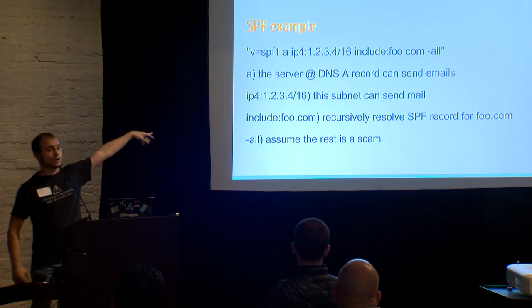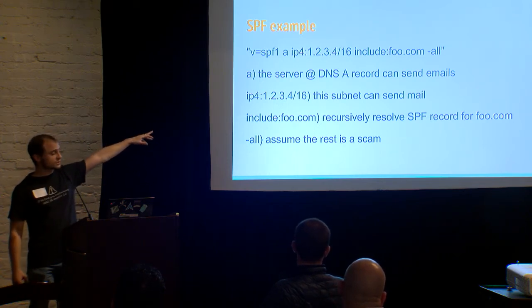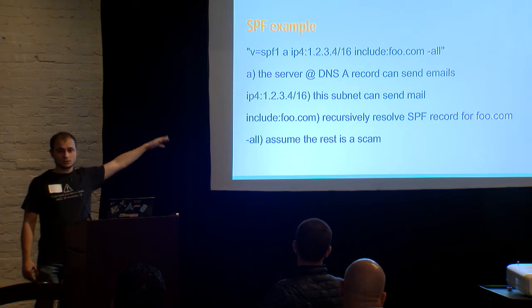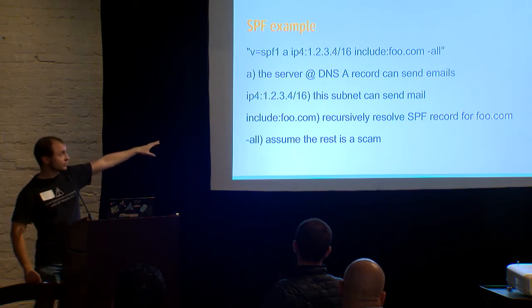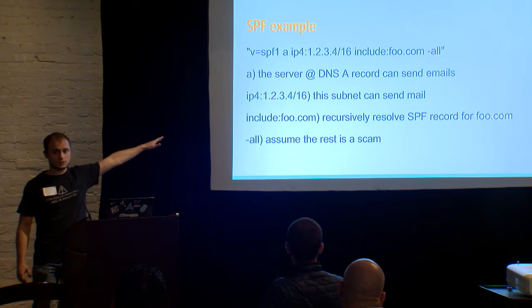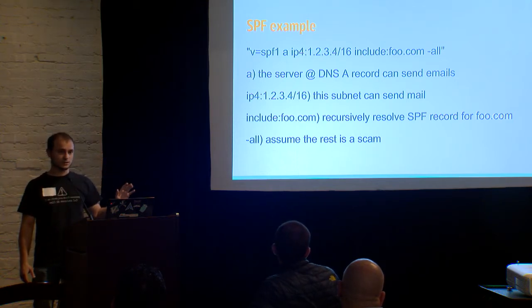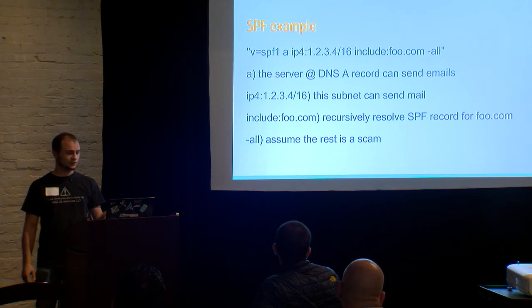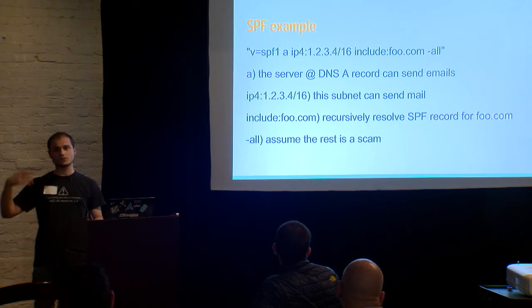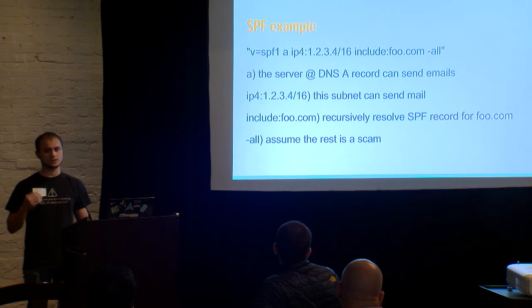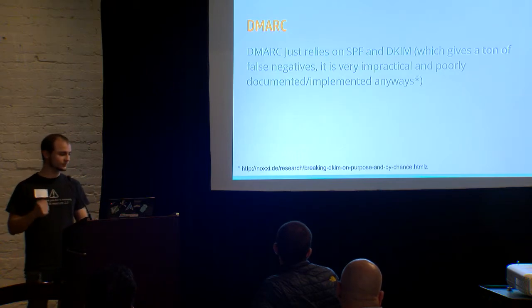The include part is very interesting because it's a recursive call. It doesn't just include anything that resolves for foo.com. It includes anything that is allowed to send emails on behalf of foo.com. It can recur up to 10 times, so SPF records can become really big to resolve.